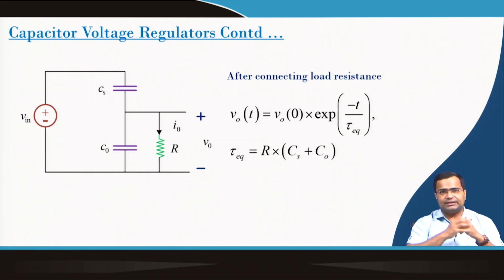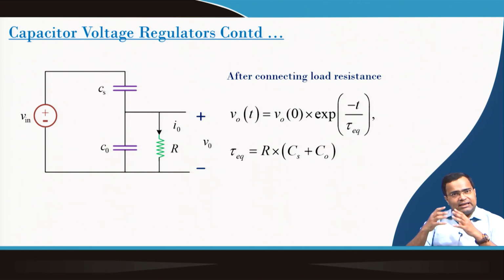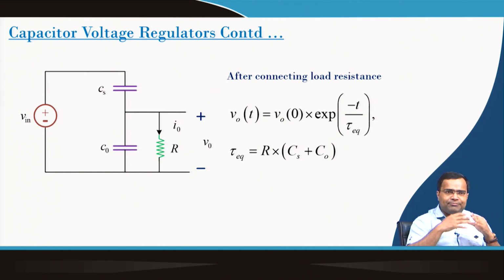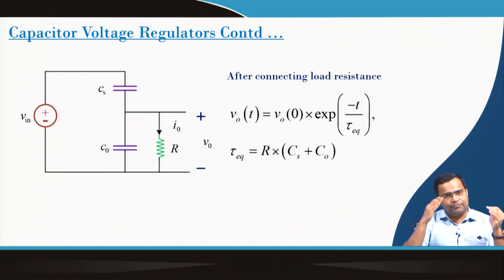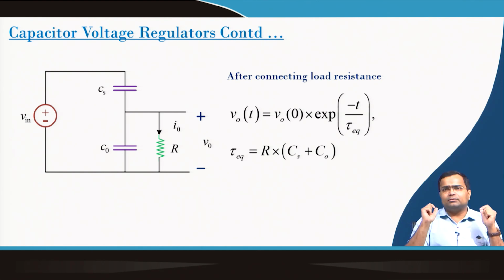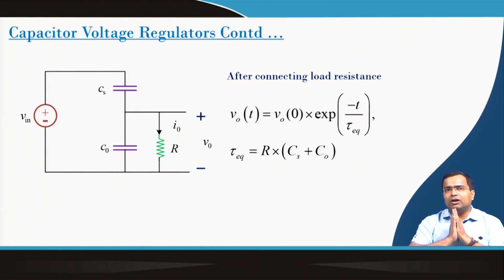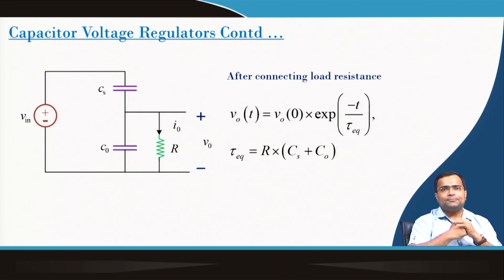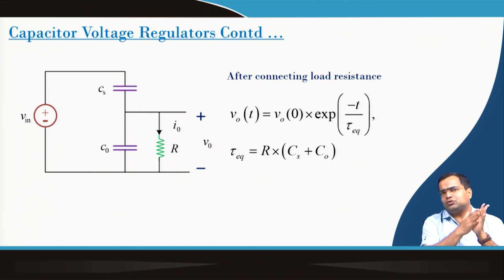And what we will see, if you wait for some time, that is when t increases, the output voltage starts falling. Why does it happen? Because when you start drawing current, the current going through the load resistance should come from the supply voltage.